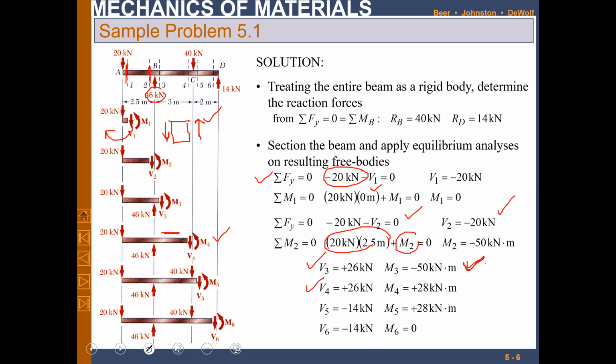But M4 will be different in this case, because minus 20 into 5.5 plus 46 into 3 plus M4, that will be equal to 110 minus 138 plus M4, so it will be 28, right?